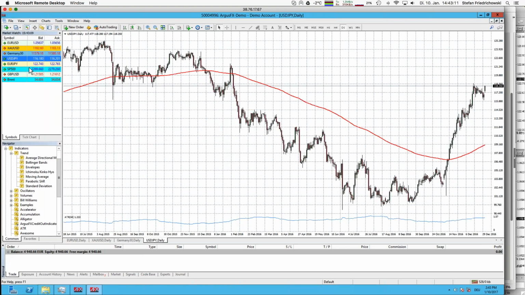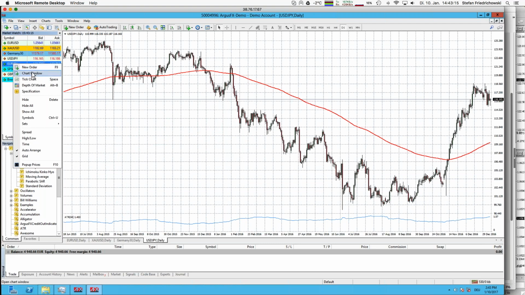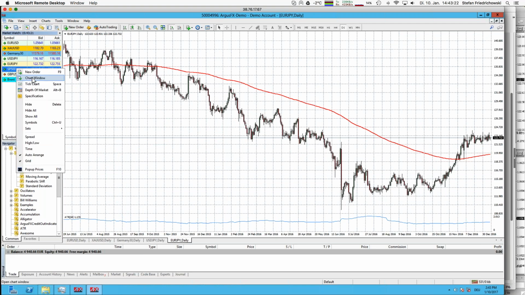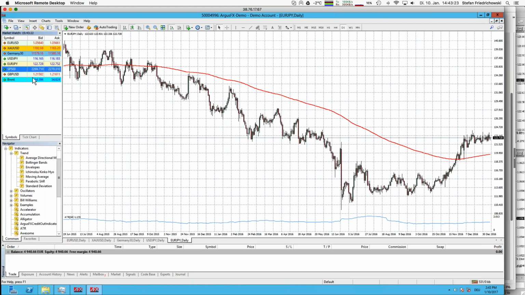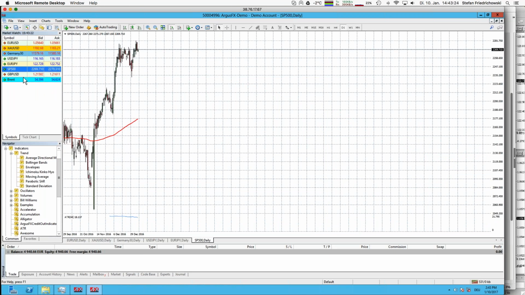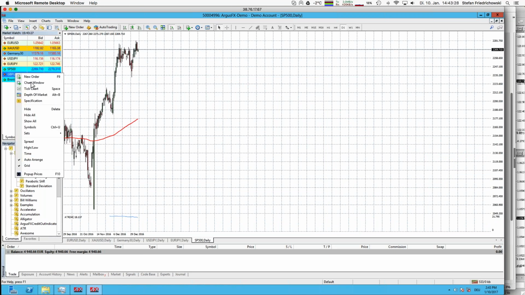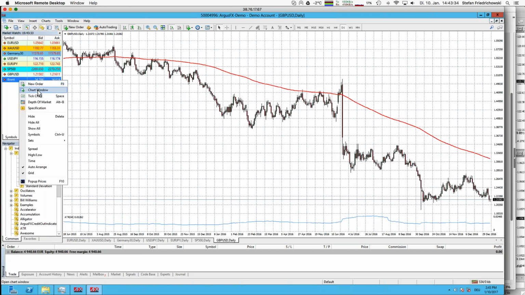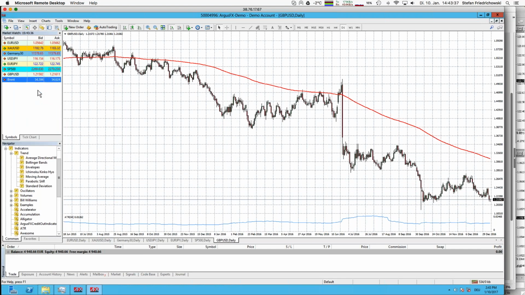US dollar, Japanese yen, then Euro, Japanese yen, then S&P 500, then British pound against US dollar, and finally let's have a view to Brent.